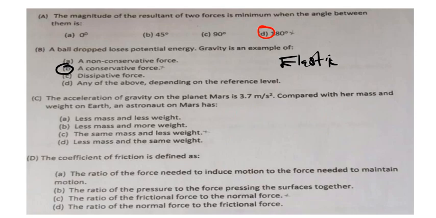So automatically we cancel this one, we also cancel this one, then automatically you can also cancel the last one, because less mass, no, the mass will still be the same. So our answer in this case is C. That is very, very important for us to know. Now what about weight? You know that weight is equal to mass times acceleration due to gravity. Since mass does not change, however the gravity itself can change.